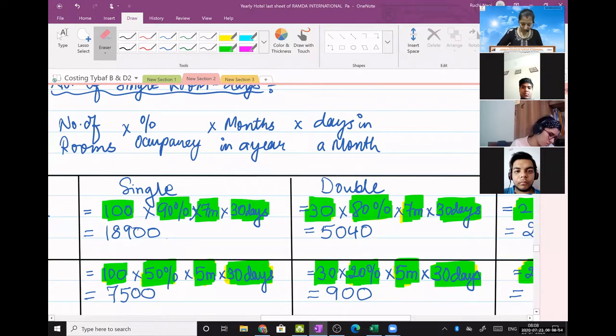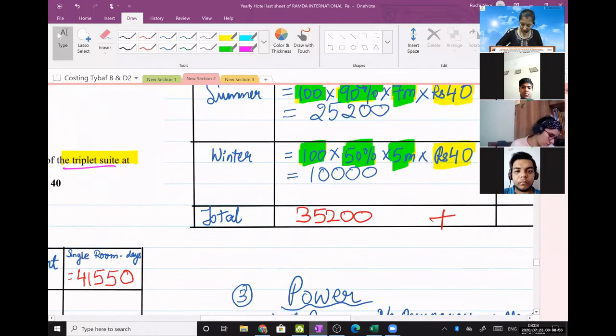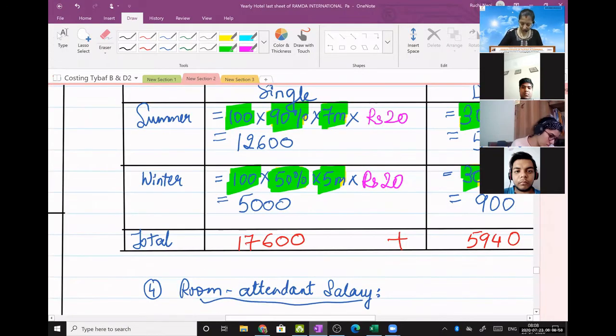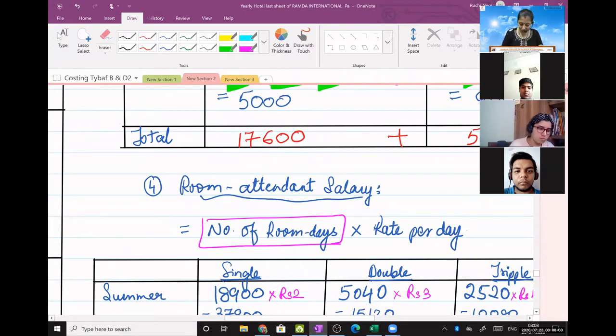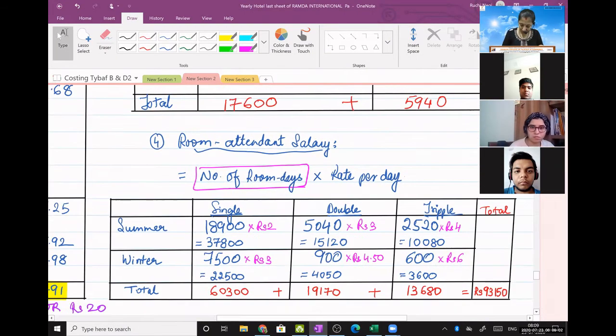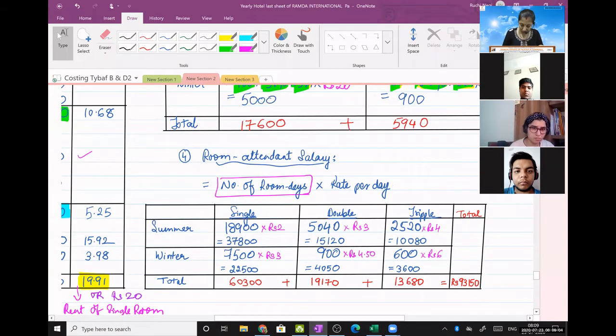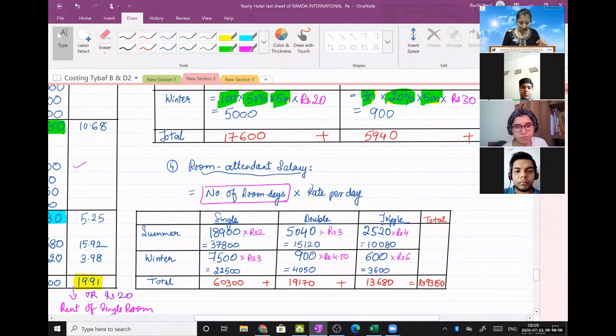Now write this: number of room days into rate per day. This will help you save time also. This will be better. So divide it as single, double, triple, then summer and winter.